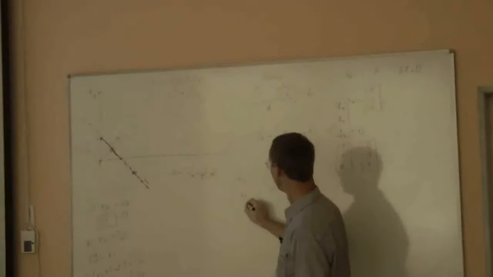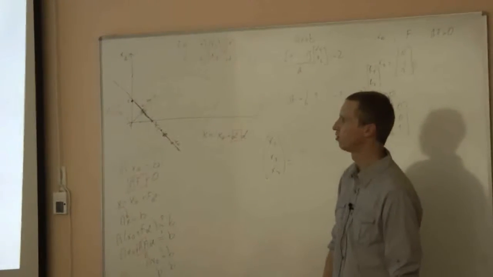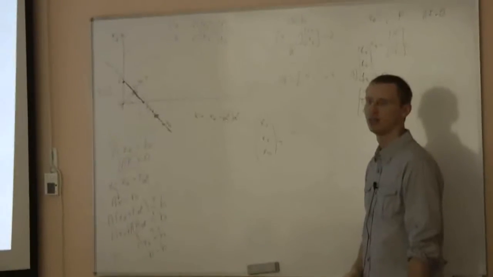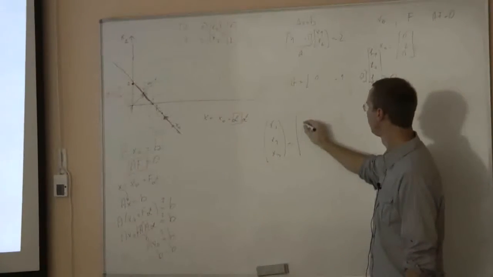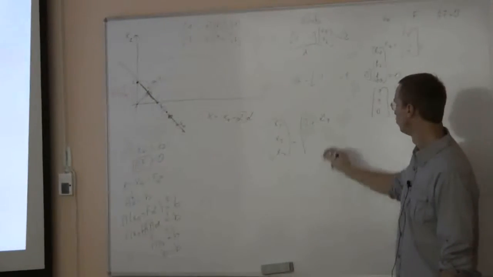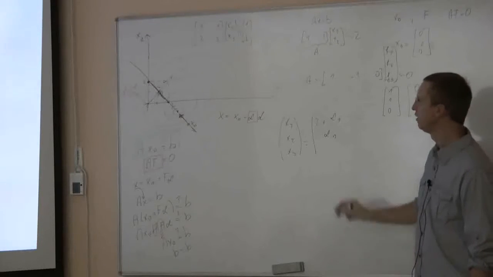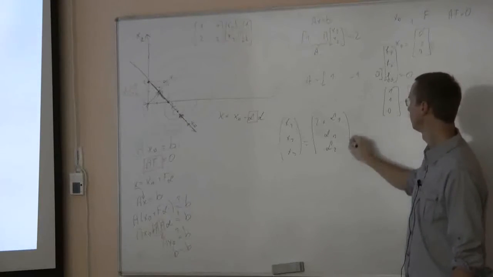So X, which is X1, X2, and X3, is equal to particular solution plus the null space times alphas, which means that X1 is 2 plus alpha 1, right? X2 is just alpha 1, and X3 is just alpha 2. Okay?